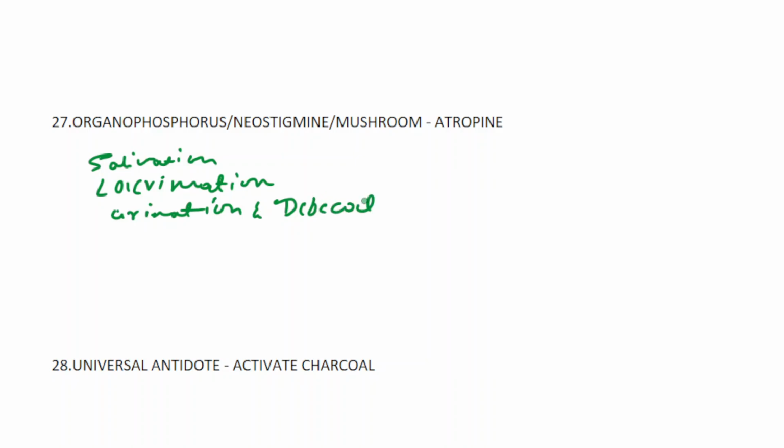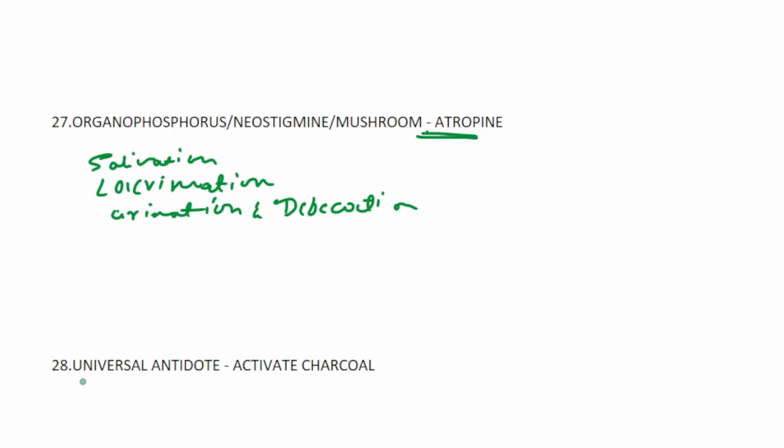It also causes GI distress, muscle twitching, muscle weakness, bradycardia, sweating, and respiratory depression. For all this, atropine is the antidote. It blocks the excessive effects of acetylcholine.